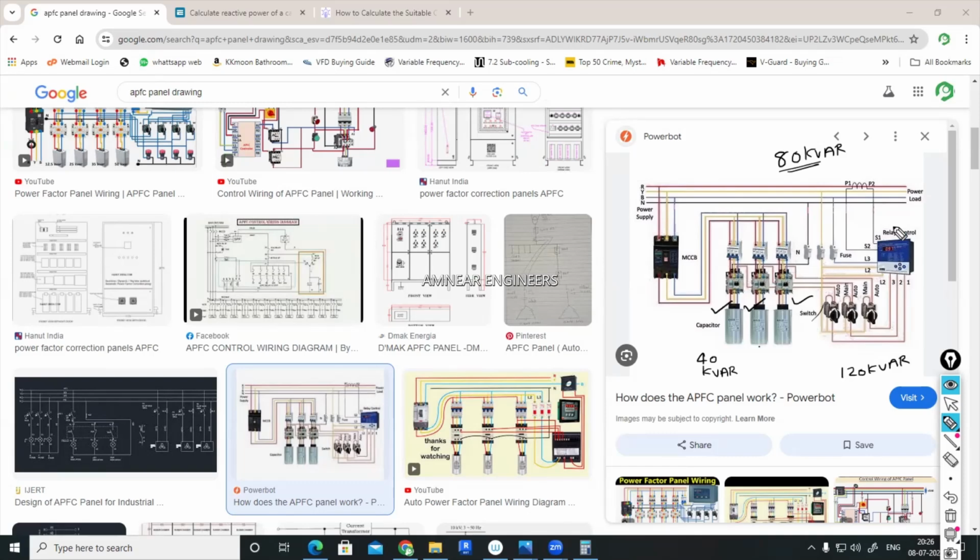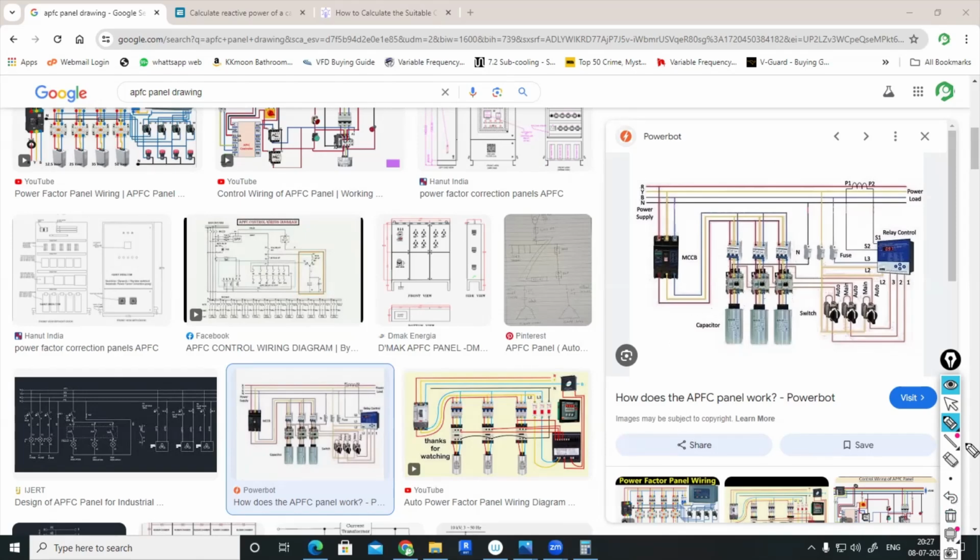Based on the requirement, by sensing it, the relay controls the reactive power supply by operating the contactors, which switch the capacitors. If I need 40 kVAR only, the first capacitor is switched on by the contactor through the relay. If I need 80 kVAR, two of them are operated. If I need 120 kVAR, all three are operated.